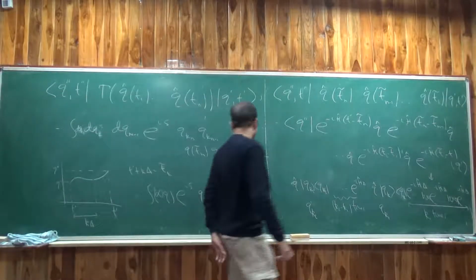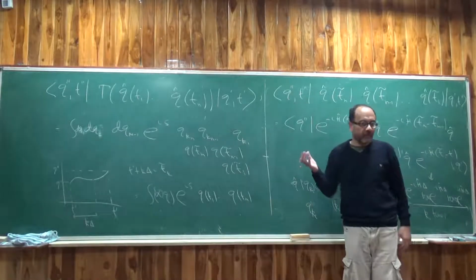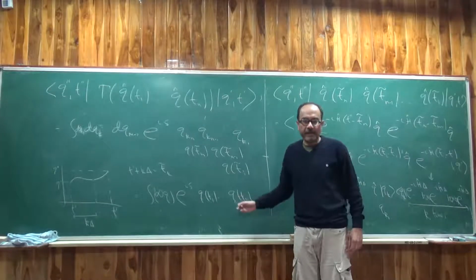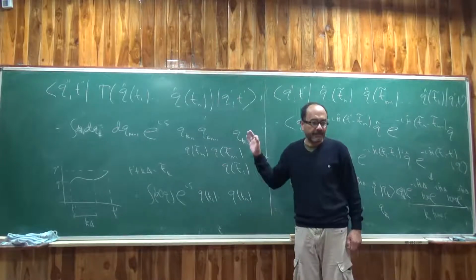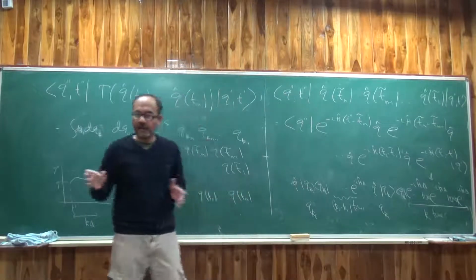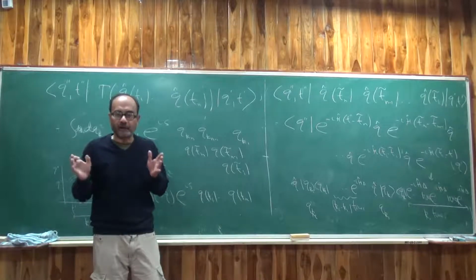Now, if you think of this in reverse, what it is saying is that if we calculate anything like this, it doesn't matter how the ti's are ordered, what it calculates is a matrix element of the time ordered product. So the path integral automatically computes the matrix element of the time ordered product.